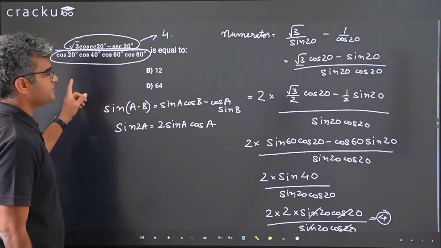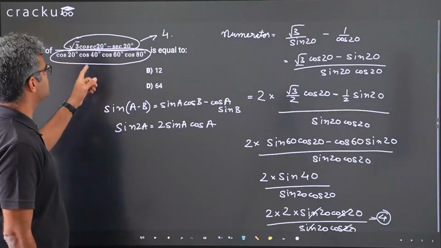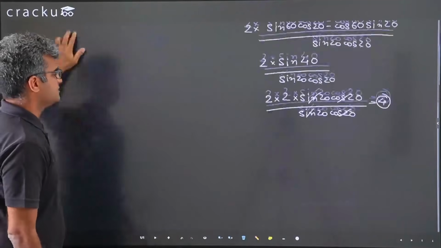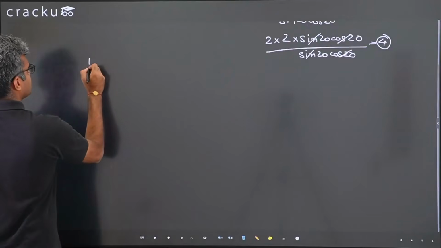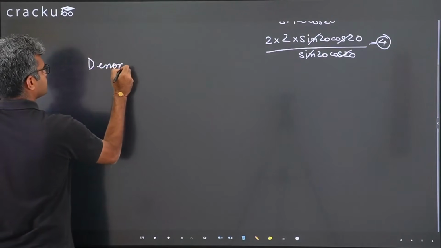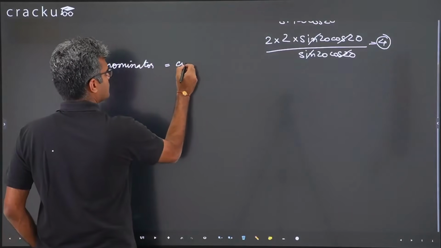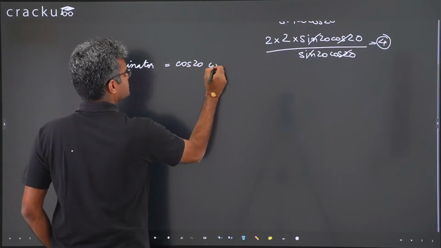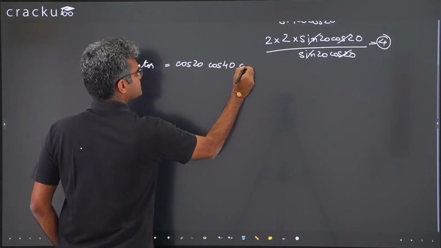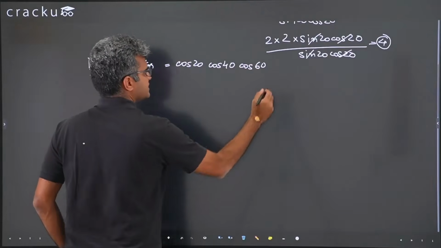Now let us look at the denominator. Denominator is cos 20, cos 40, cos 60, cos 80. So this is equal to cos 20 into cos 40 into cos 60 into cos 80.